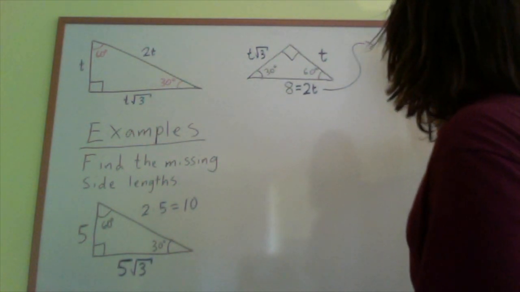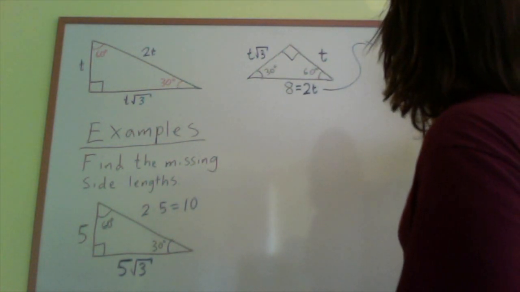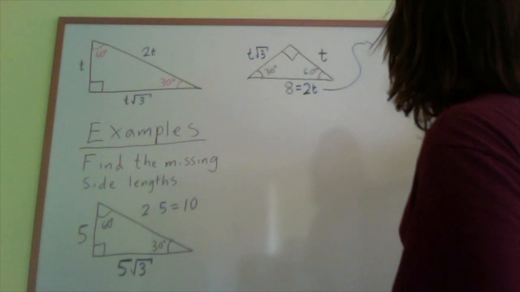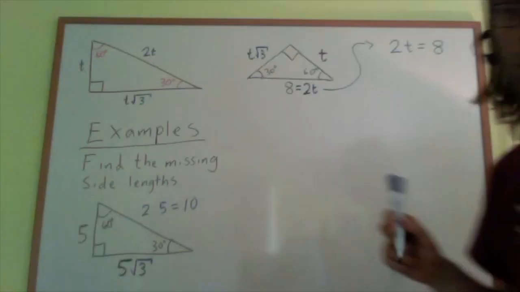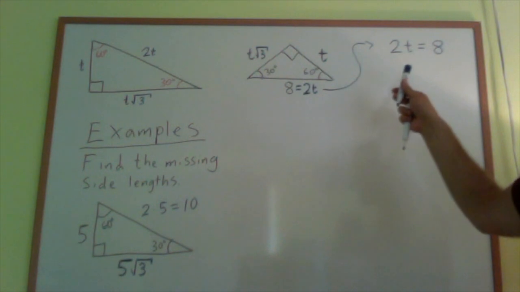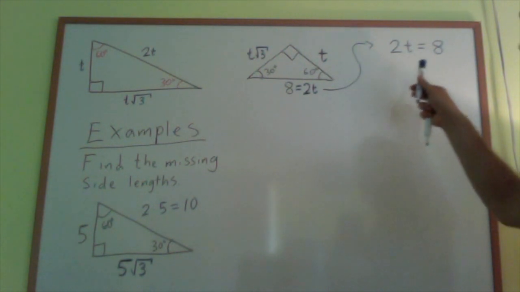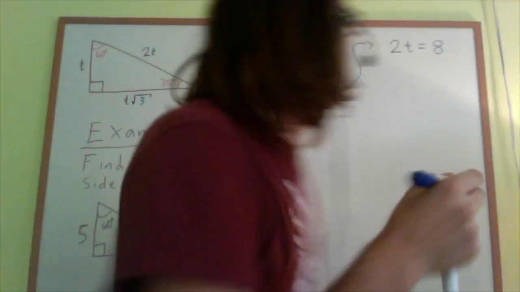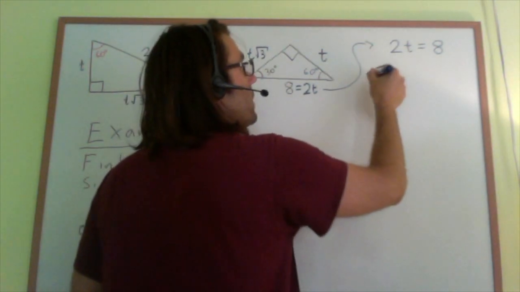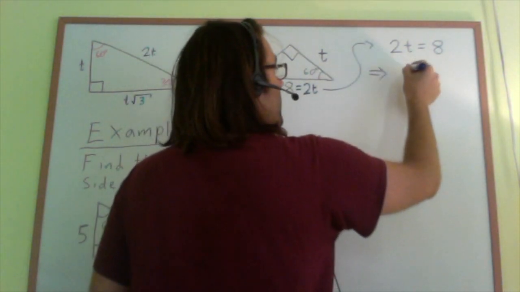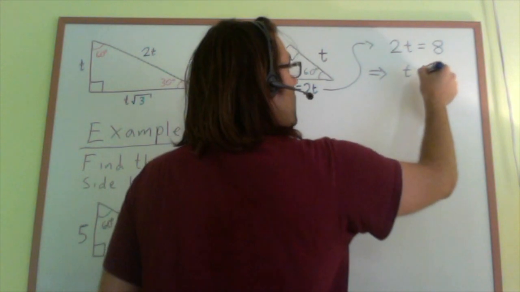Okay, so now we need to solve this for t. So we have 2t equal to 8. And of course you solve this by dividing both sides by 2. And we get here that t equals 4.